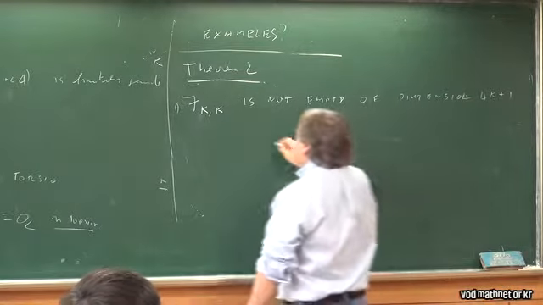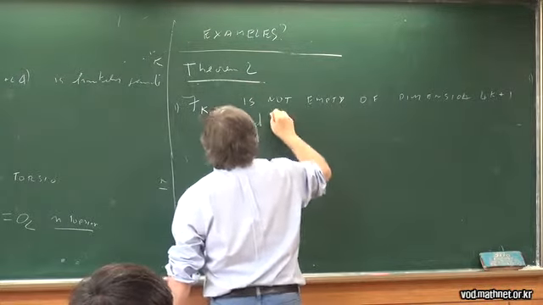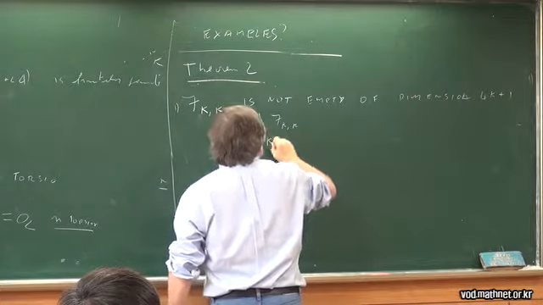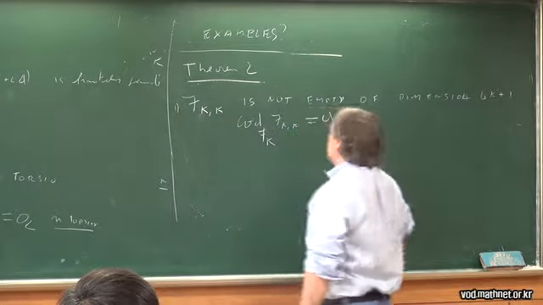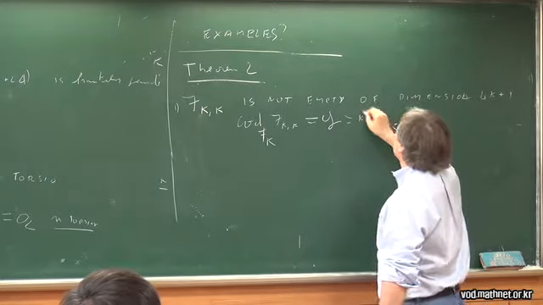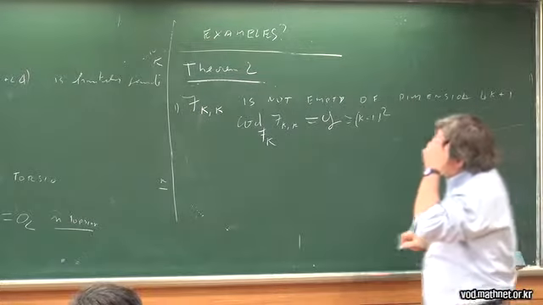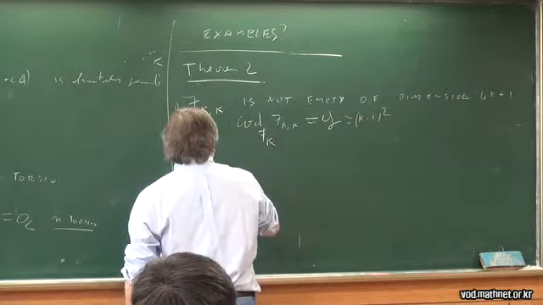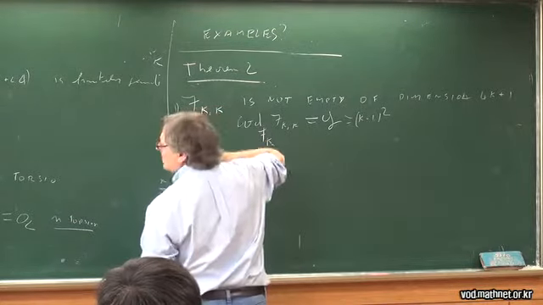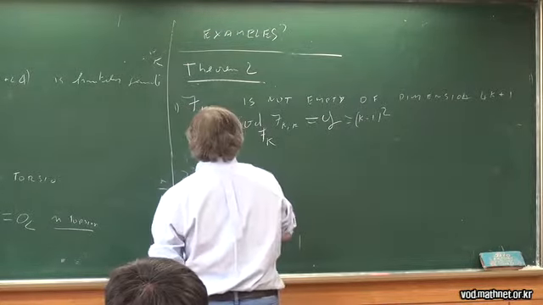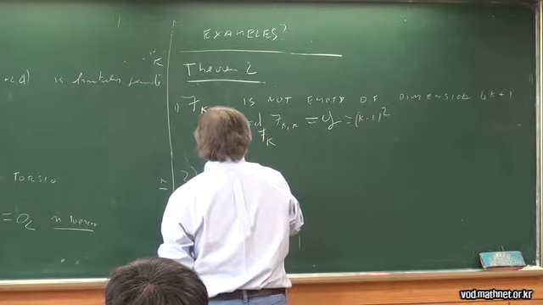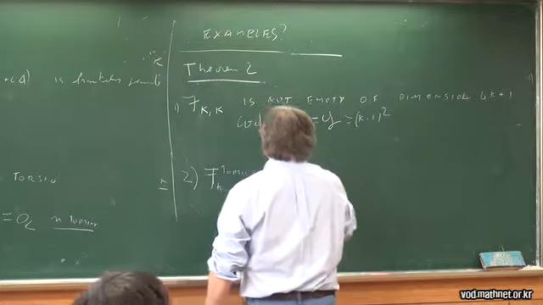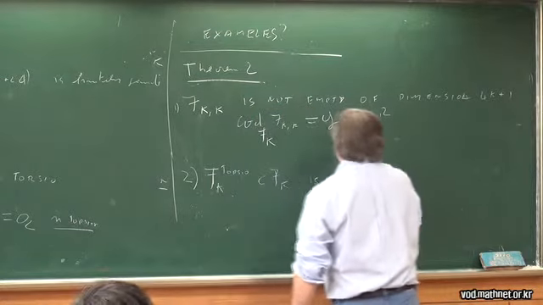The important fact is that the codimension of F_k^k in F_k is g. Second, F_k torsion in F_k is analytically dense.